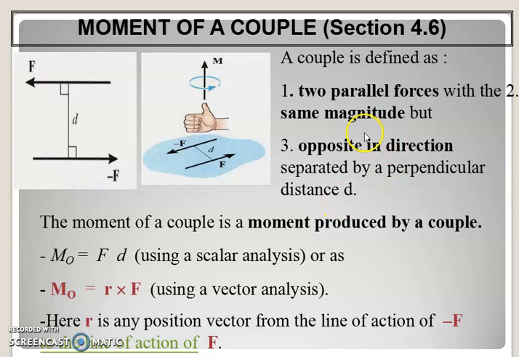So there are two points which are important to define what is a couple. It must have two parallel forces, the magnitude of the forces must be the same, but the direction of the forces must be opposite. One to the right, one to the left.